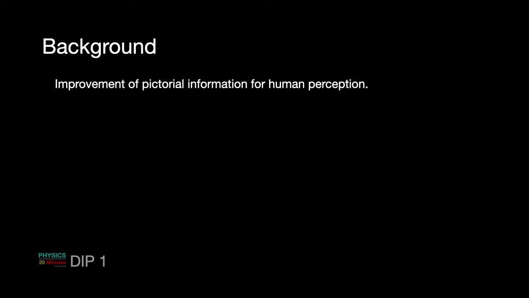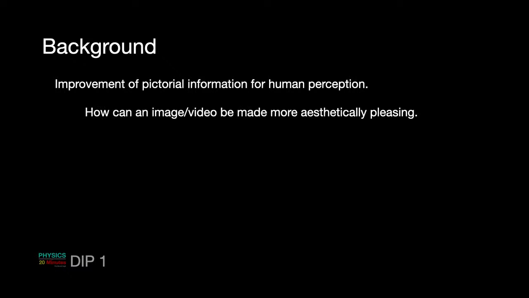So we need processing to improve the pictorial information for human perception. An image or a video is nothing but a series of images. So how can an image or video be made more aesthetically pleasing?